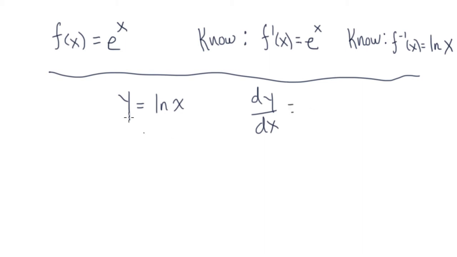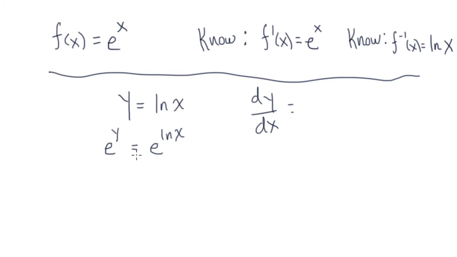So here's what we do. I can't just take the derivative of this because I don't know what it is. But I do know the derivative of e to something. So I'm going to exponentiate both sides, so I have e to the y is equal to e to the natural log of x. All I did, kind of like multiplying both sides of an equation by 2, was take e and raise both sides of the equation into the argument of this exponential function.